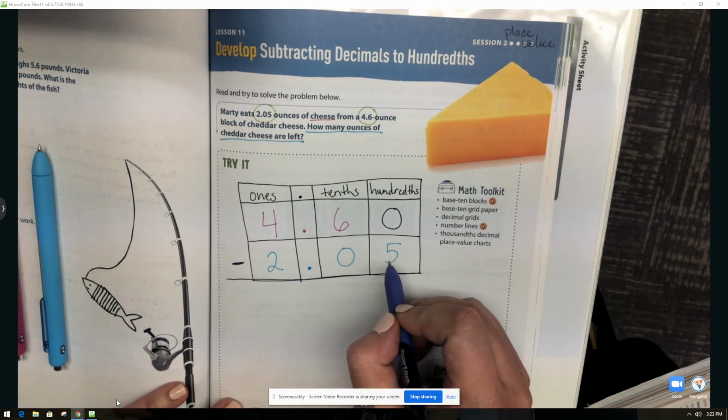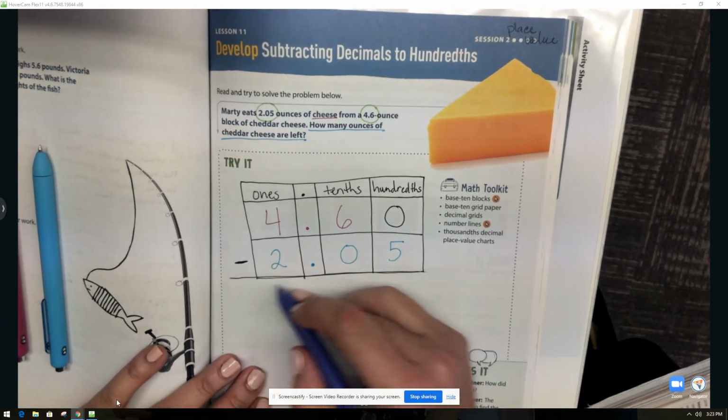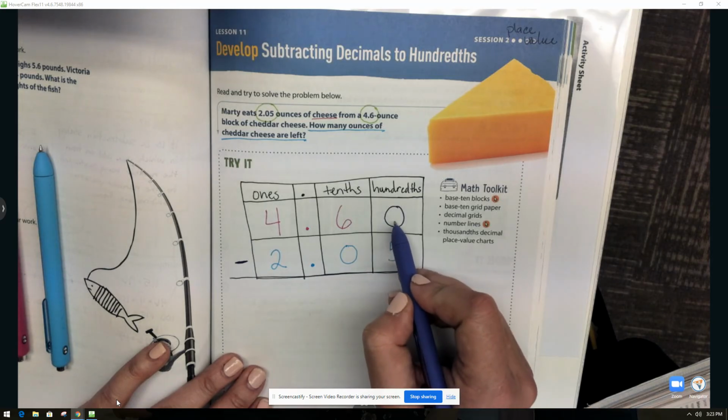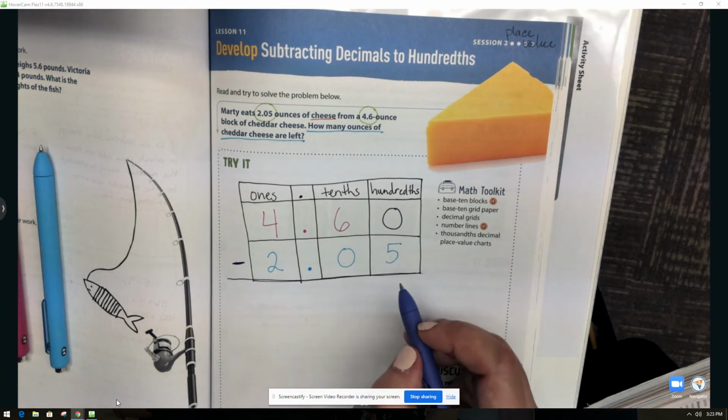So right now, if I'm going to solve this using just the standard way of subtracting, I recognize right away that I cannot take 5 away from nothing. So what I need to do is borrow or regroup.